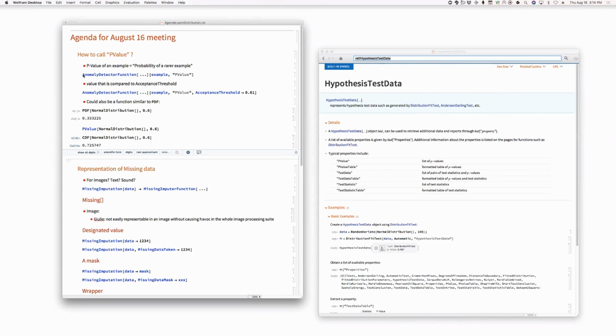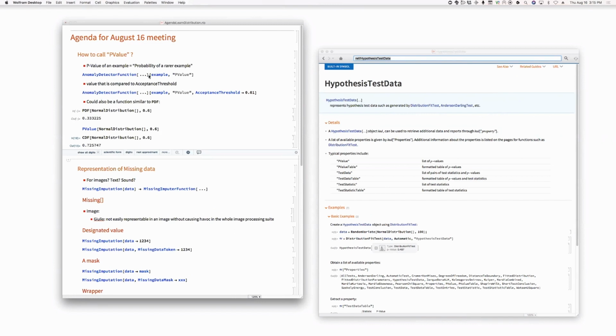Let's go back then to this anomaly detector function. I don't understand why this is not called anomaly detect. No, this is something that is already trained. You have a detector function and an example, and rather than having a true or false, we want to know what the p-value was.